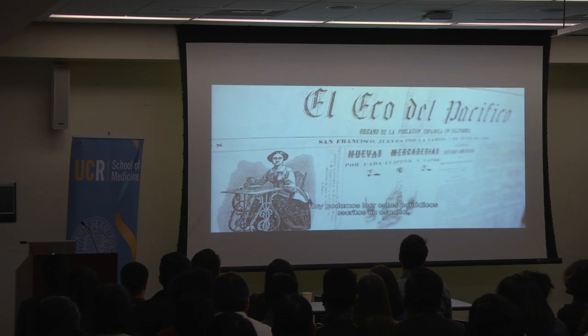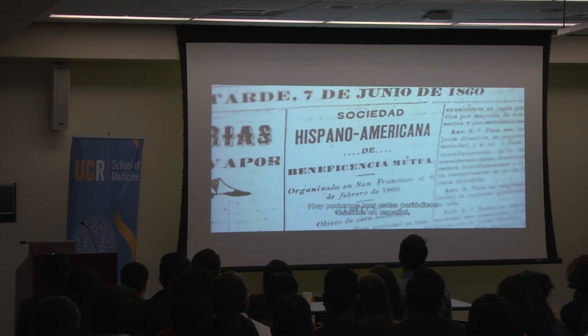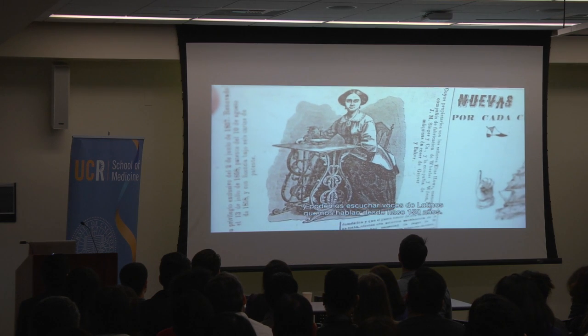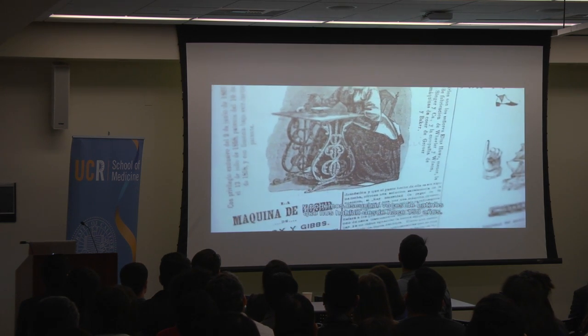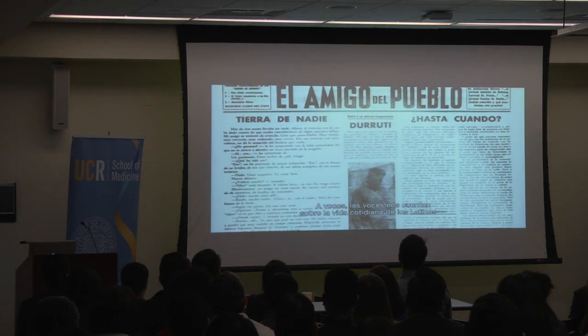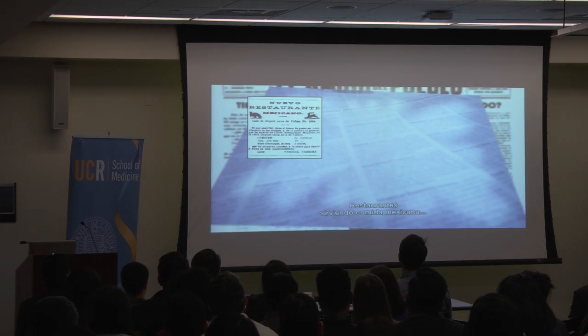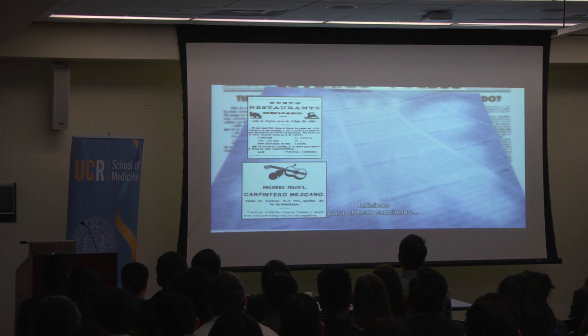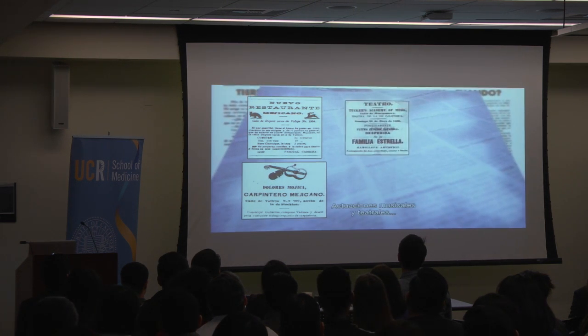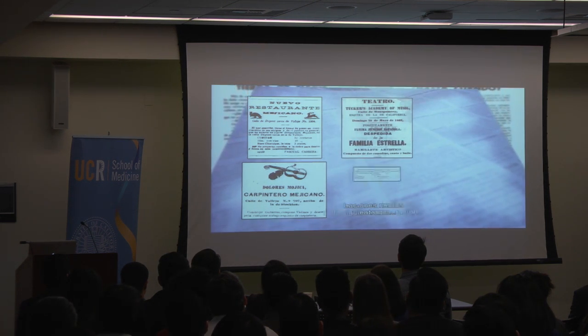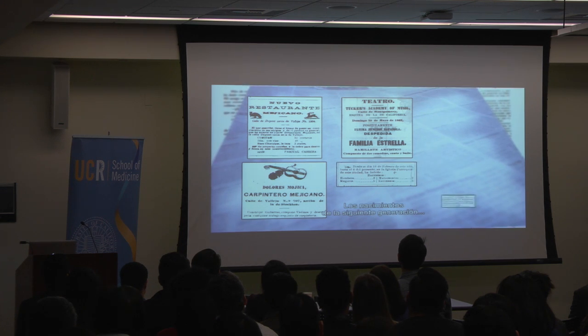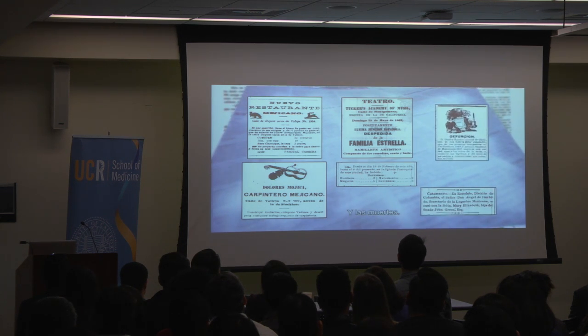We can read these Spanish language newspapers today, and we can hear Latino voices speaking to us from 150 years ago. At times, the voices tell us about Latino daily life, restaurants serving Mexican food, musicians to provide tunes, musical and theatrical performances, births of the next generation, weddings, and deaths.